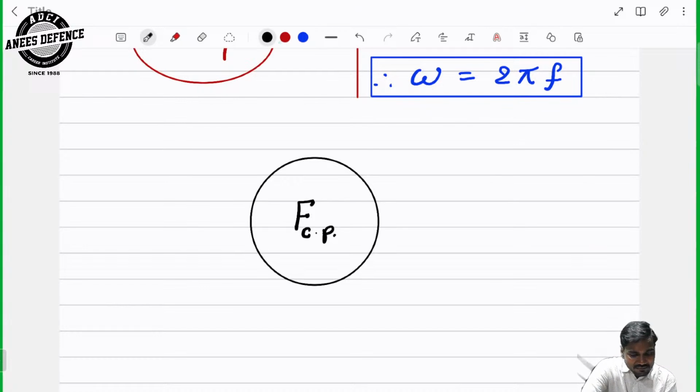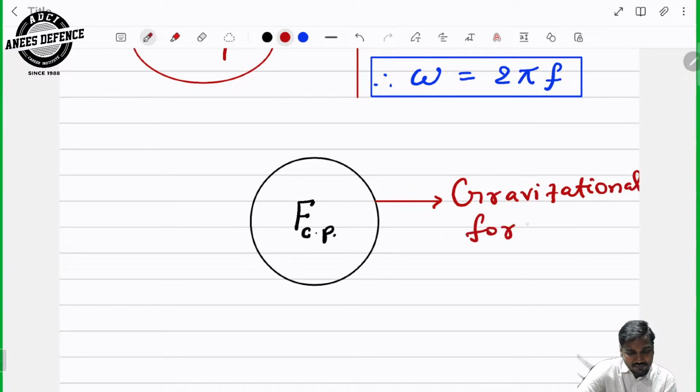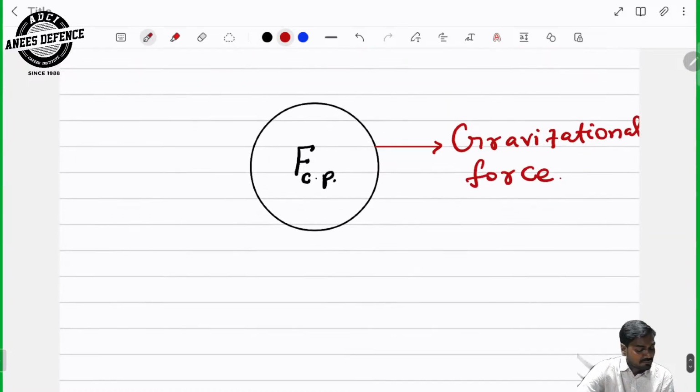But sometimes centripetal force may be gravitational force.